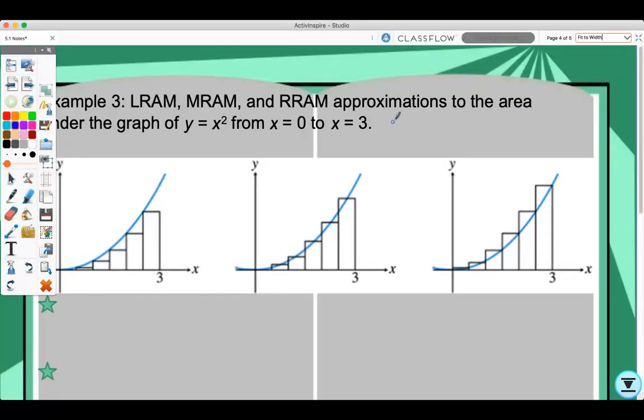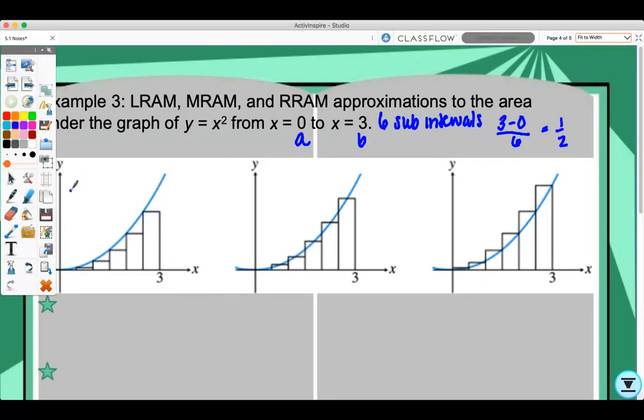We're going to use 6 subintervals, and this is going to be from A to B. When we use 6 subintervals, that gives us 6 rectangles with an equal width. So it would be 3 minus 0 divided by 6, which equals 1/2.